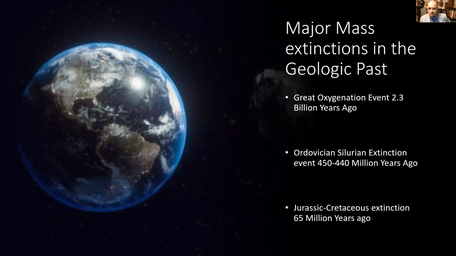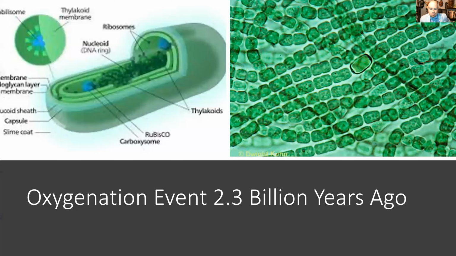One of them was referred to as the Great Oxygenation Event that happened 2.3 billion years ago. So this is right at the beginning of, after the beginning of life, where all life is essentially bacterial. And up to this point, the atmosphere of the Earth was oxygen poor.